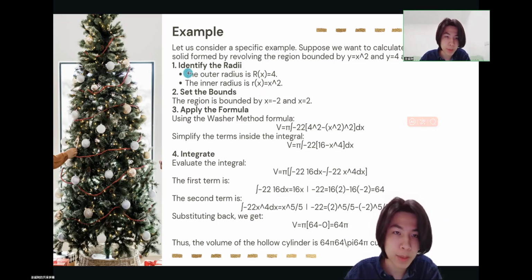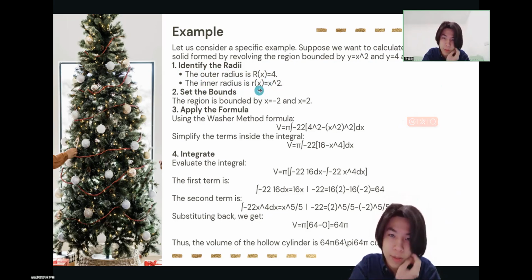First, we will identify the radius. The outer radius is equal to 4, and the inner radius is x squared. Second, set the bounds. The region is bounded by x equals -2 and x equals 2.